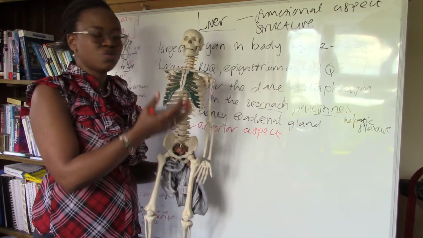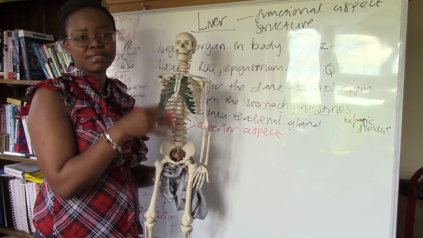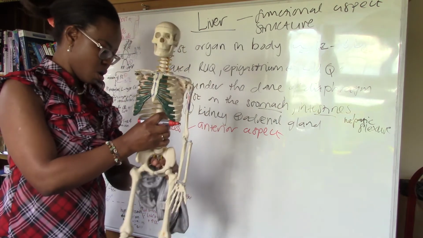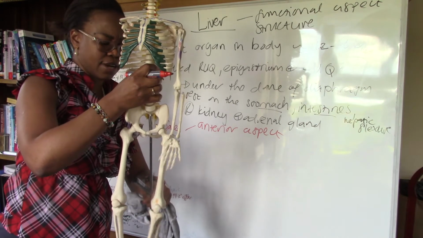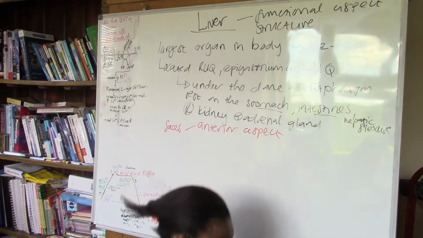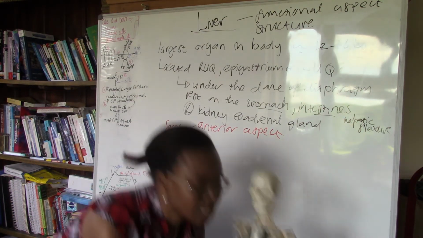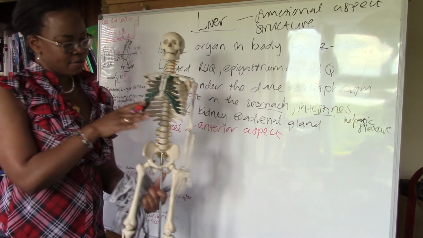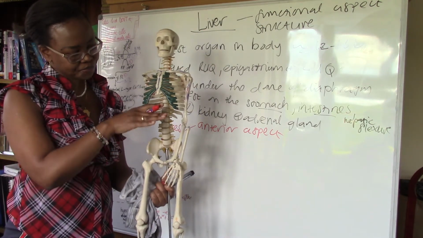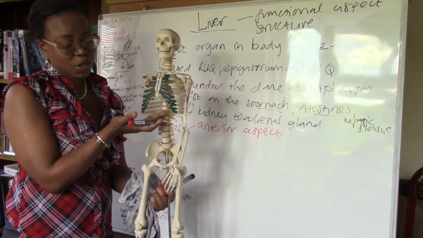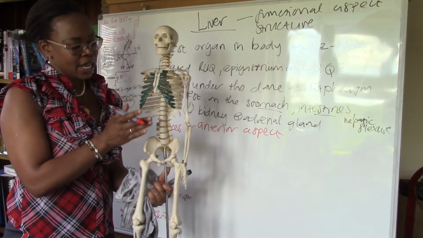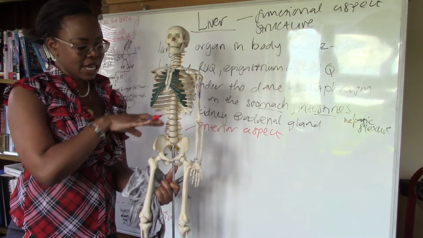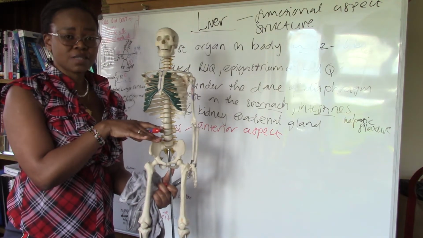The liver itself is covered in a very tough capsule, which is called the capsule of Glisson. So it will have the anterior aspect, and then the superior aspect, which lies under the dome of the diaphragm. Then it will have the posterior aspect, and indeed the inferior aspect.